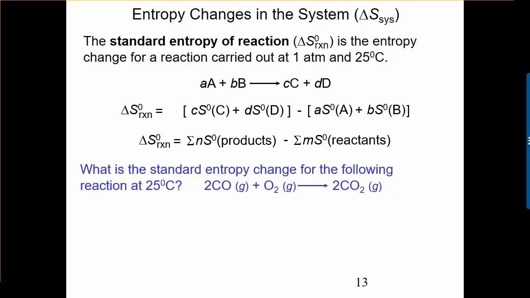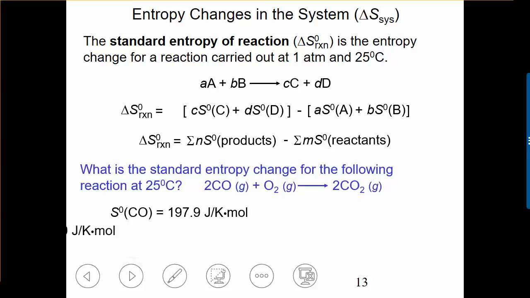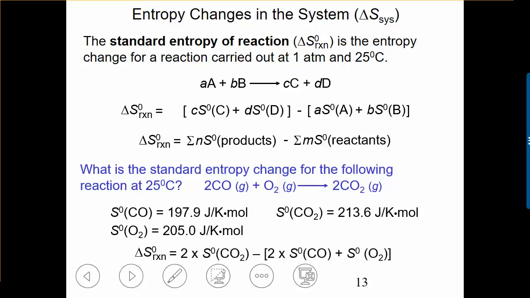What is the standard entropy change for the following reaction at 25 degrees Celsius? We need S for CO, S for O2, and S for CO2. We get this table from the back of our book, or they give it to us in the question.